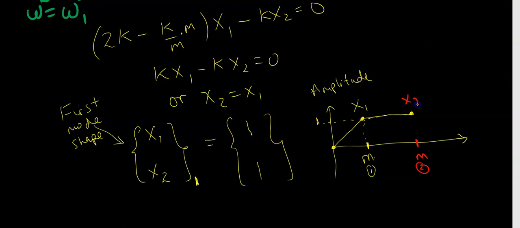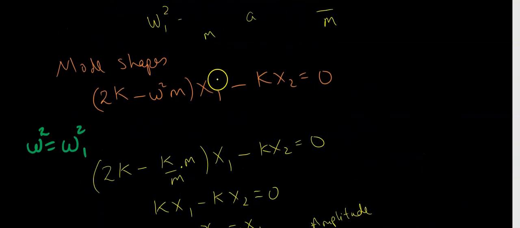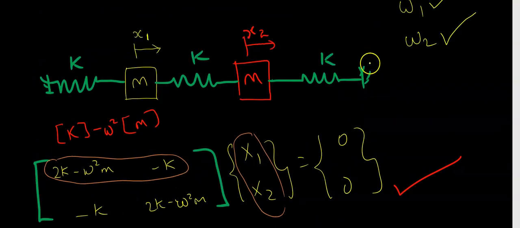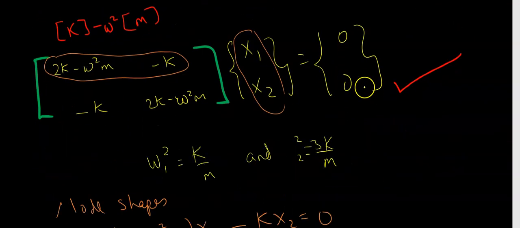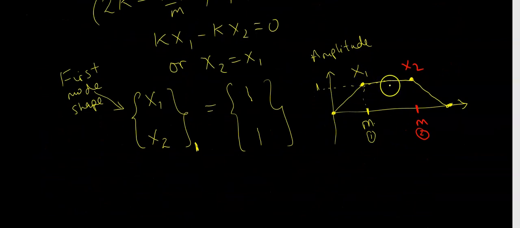Look at this as x2 here. And then we have another fixed end across here. The fixed end just means that there is no displacement. Why the fixed end? Because you remember from the question that this is a fixed end here as well. So this is how you represent the mode shape graphically.